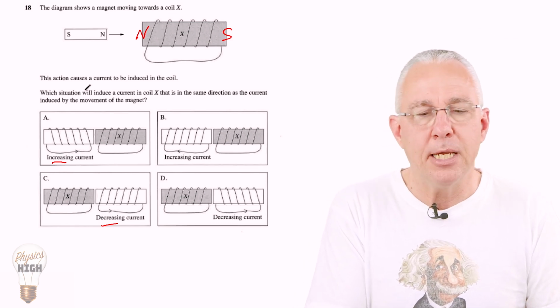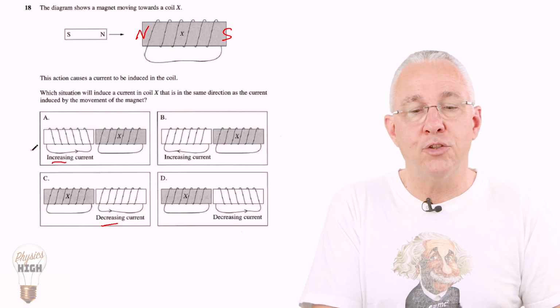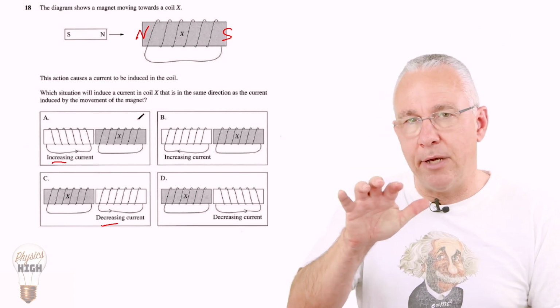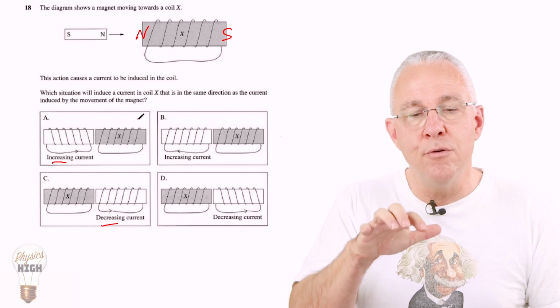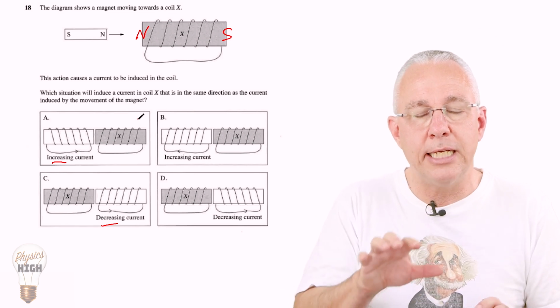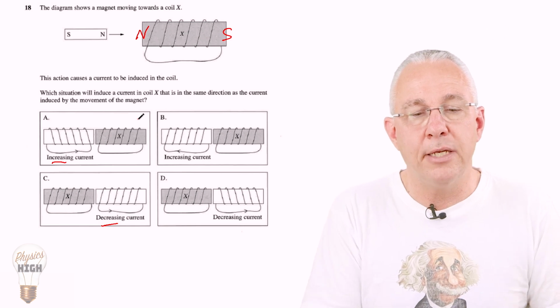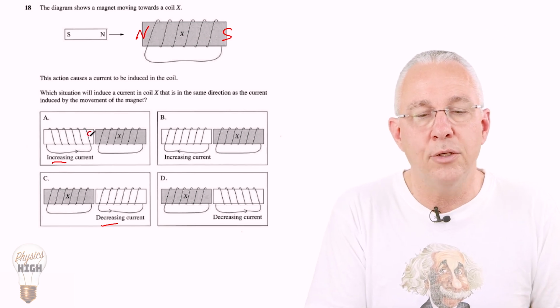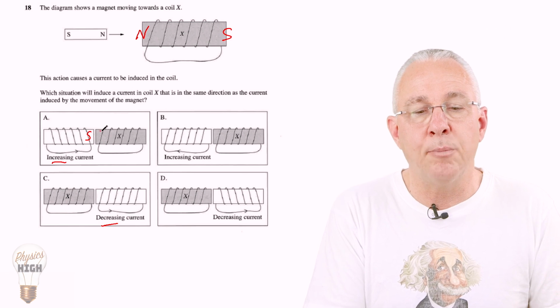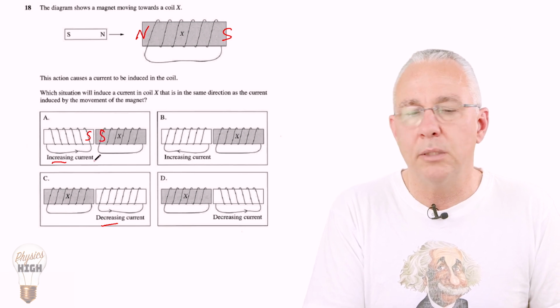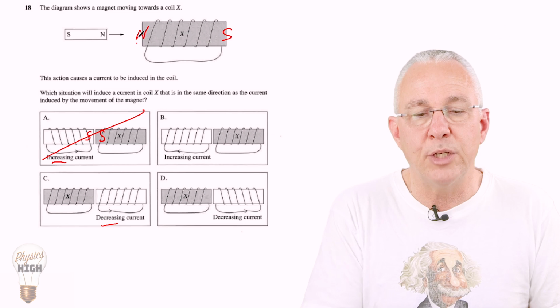Let me explain. So what we have here is the coil is turning in such a way that if I grab it like this and I move the situation, increasing the current, you can see using my example over here, I'm going to get a south using this example, an increasing current. That'll produce a south here. Well, therefore A can't be correct because we want a north.